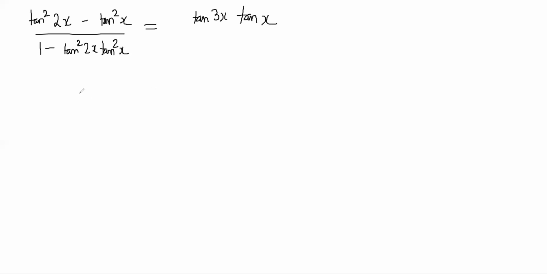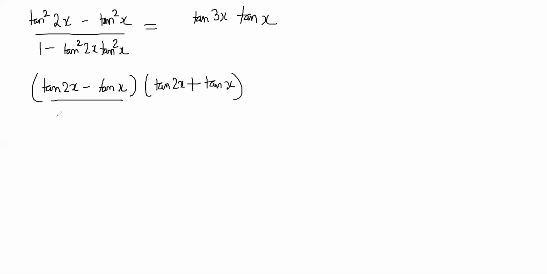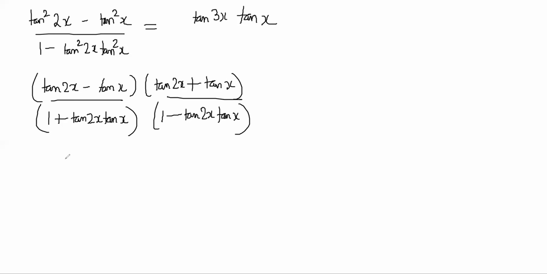So this is tan 2x minus tan x into tan 2x plus tan x, over 1 plus tan 2x tan x. This is very easy.